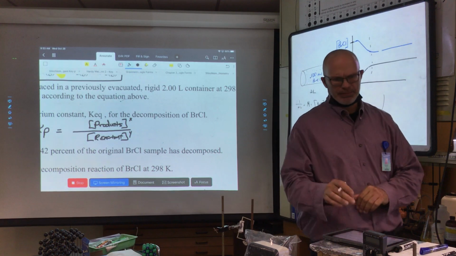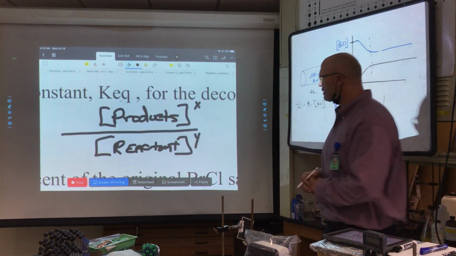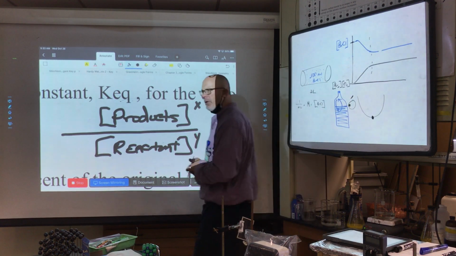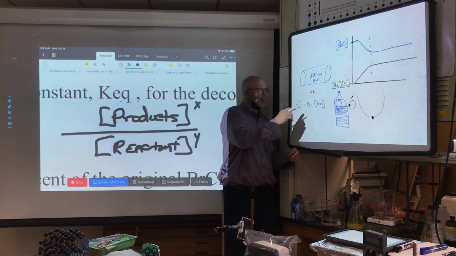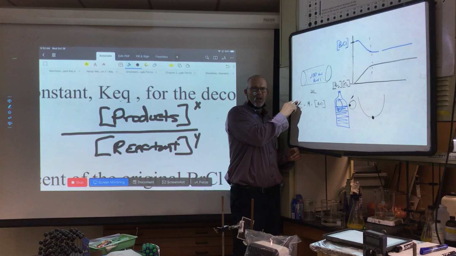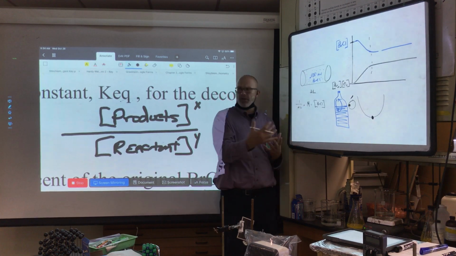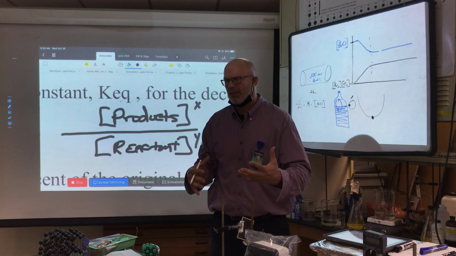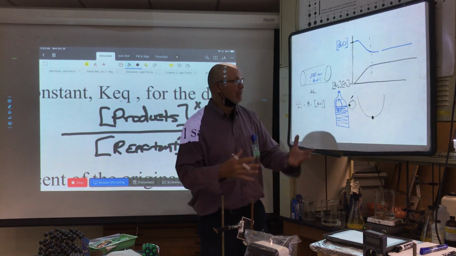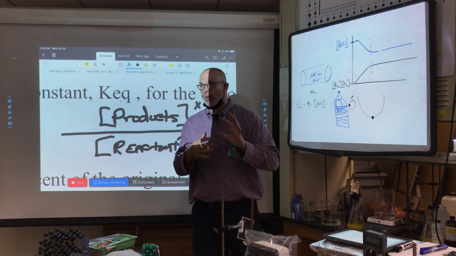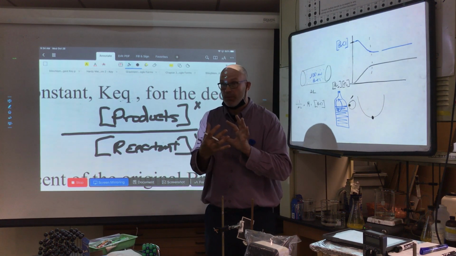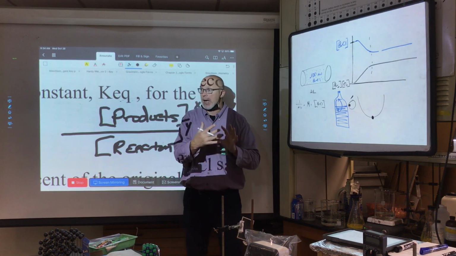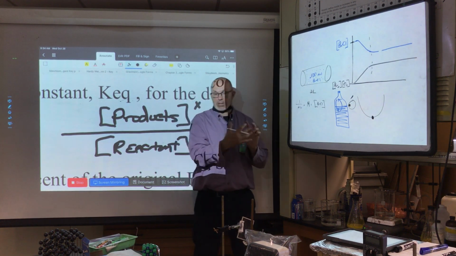And here's the reasoning. Brackets represent molarity. Can you have a molarity of a liquid? Isn't molarity moles of stuff dissolved over liter of volume? Well, if you've got a pure liquid, you're not mixed with anything. If you're a gas, you're mixed in the air. You can do it that way. So gases are considered to be solutions, but solutions are either aqueous or gas. Hey, I got a solution of sodium chloride.